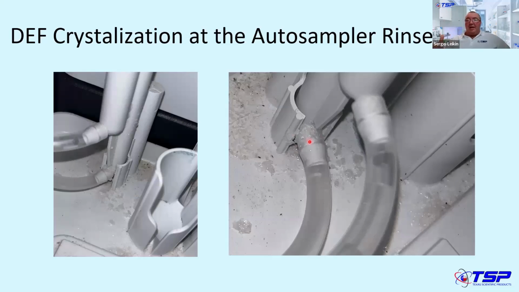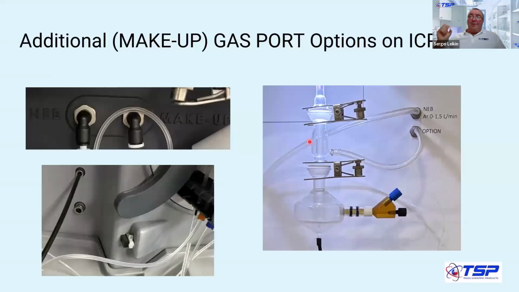So imagine what could happen, the similar thing happens when you're running through your torch and your nebulizer and all of that. That is why for this particular application, engaging the additional gas is, I would say, not a must, but definitely a very good thing to do. So you can run reliably.